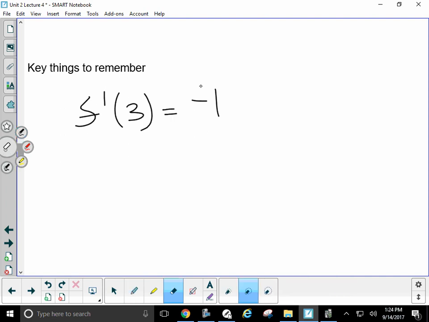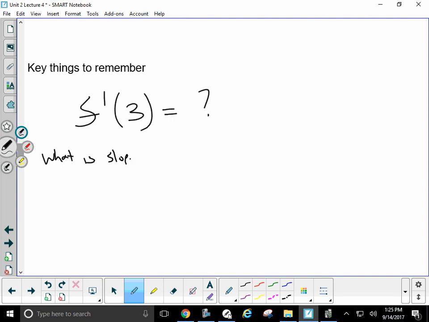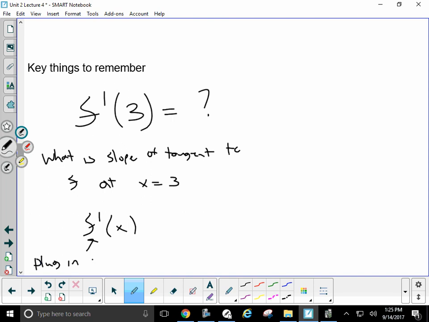Or if I ask you what is f prime of 3, this is asking you what is the slope of the tangent to f at x equals 3. Remember, f prime values, if you plug in x's, you get slopes of tangents to the original function f. Plug in x's, get tangent slopes.